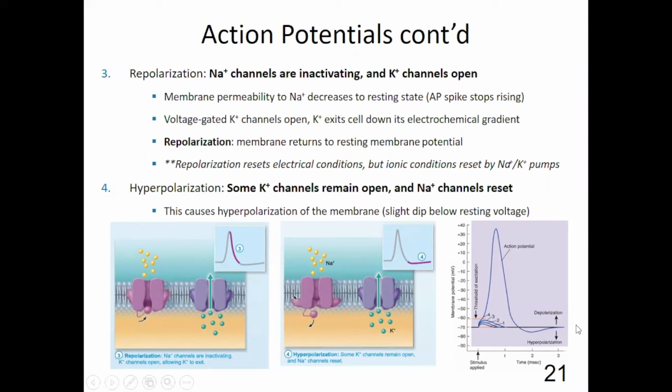And again, this change in membrane potential is due to the flow of ions. During this last part of the action potential, there are some potassium channels that remain open, and we see those voltage-gated sodium channels reset and become ready for the next action potential to occur.